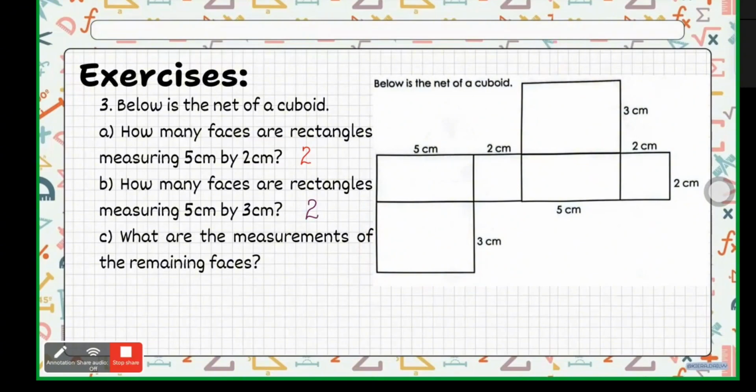We already have it. Let's just have it here. 2 cm, 2 cm, 2 cm, 5, 5. Oh, this is also 2 cm, 5, and 5. And this is 3 cm. So this is pretty much easy for you to do.